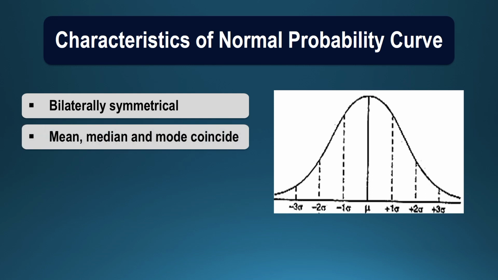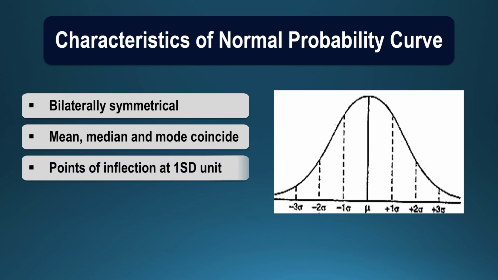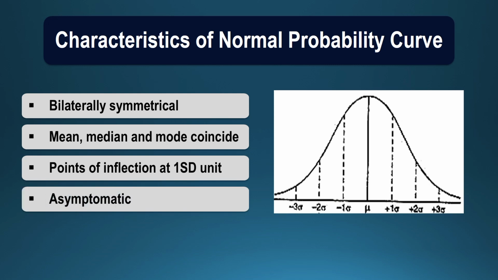Mean, median, and mode coincide in normal probability curve. They have exactly the same value, and points of inflection are at one standard deviation unit. That means the curve changes its angle at one standard deviation unit. It is asymptotic. It never touches the x-axis.